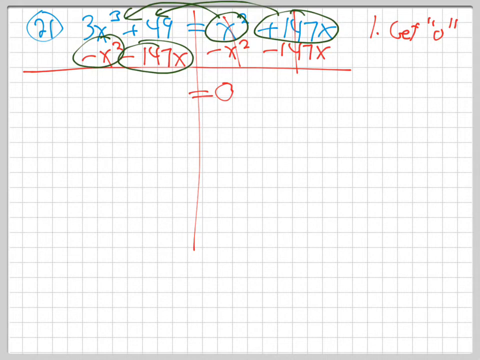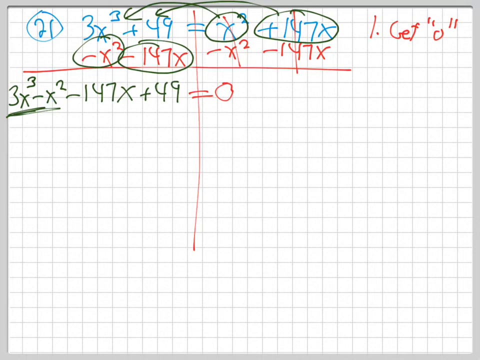So now, how do we write them on the other side? Well, it's got to be in order from highest power to lowest. So 3x cubed minus x squared minus 147x plus 49. So I went highest power to lowest. So I got them there. So you know what to do now. 4 terms, right? 2-2 split. First 2, last 2. Can you do that?